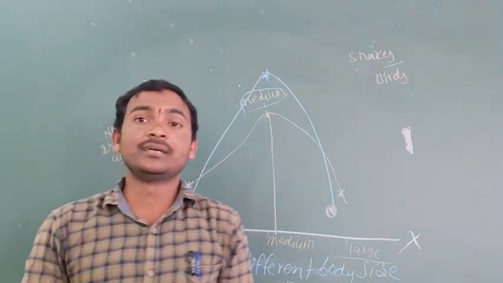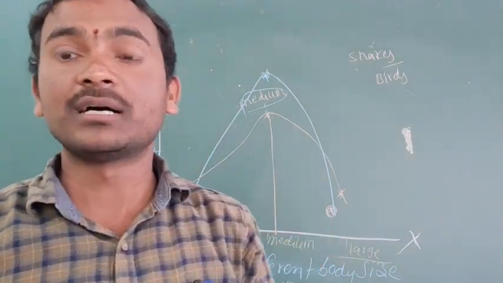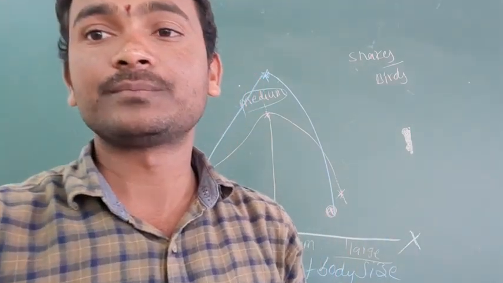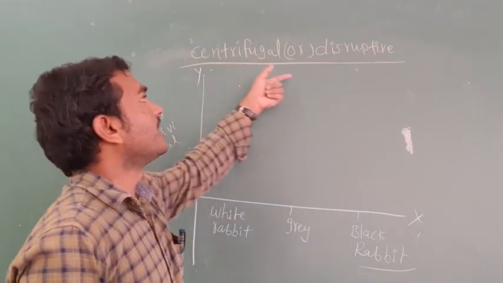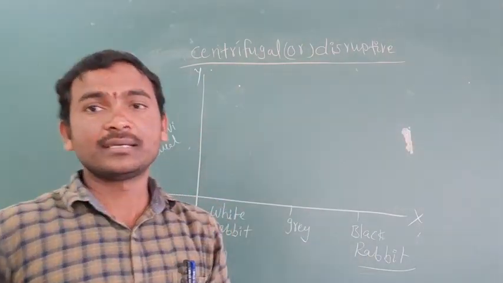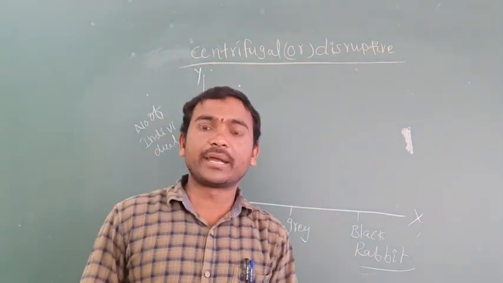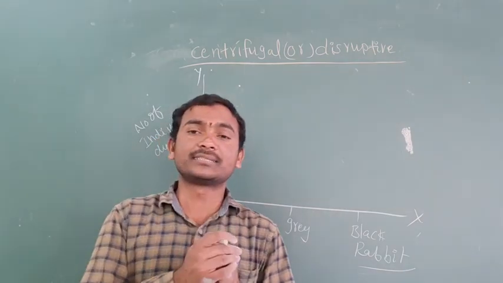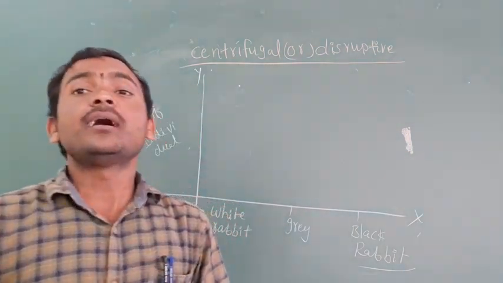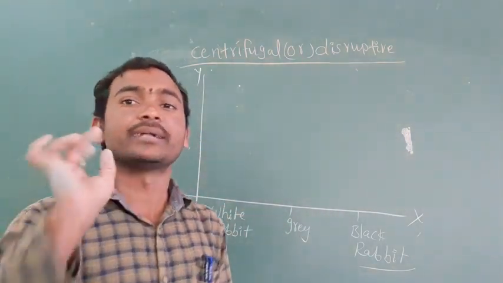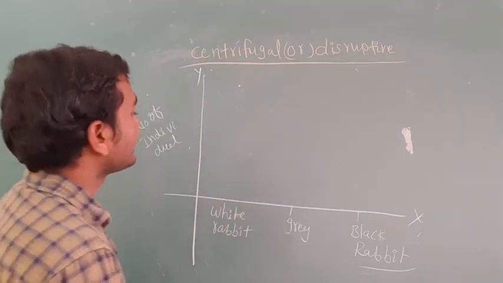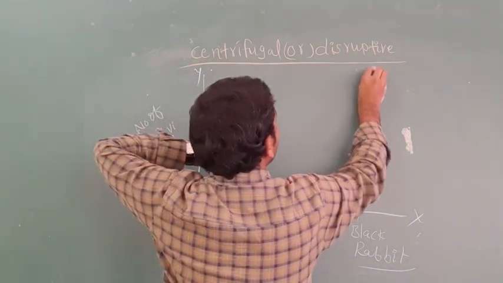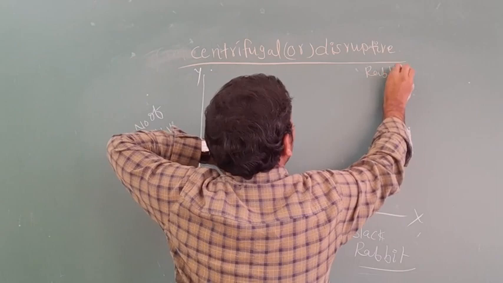The next is the disruptive selection or the centrifugal selection. This selection happens when homozygous environmental conditions change into heterozygous environmental conditions. For example, here we are taking the rabbit.